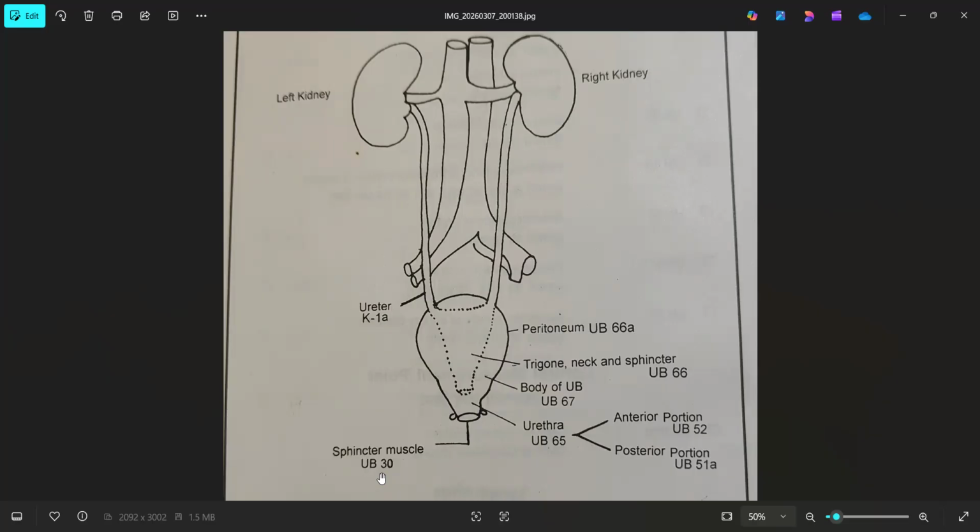Then, so these are the parts of urinary bladder organ. Now we will next go to the meridian and see the points, various points.